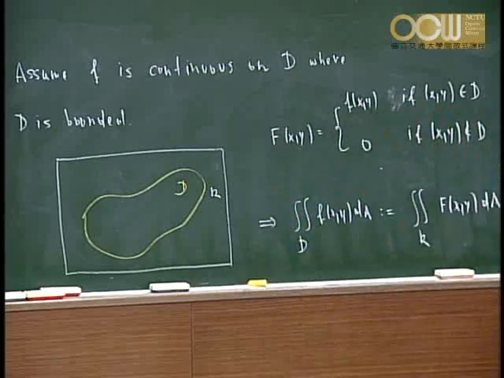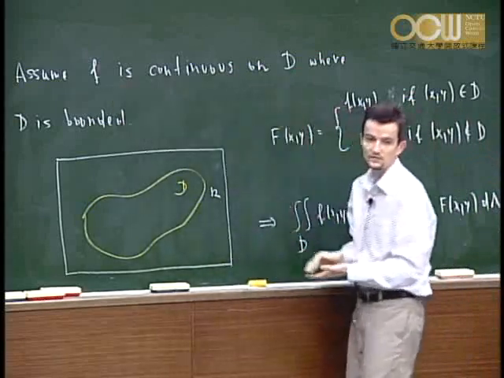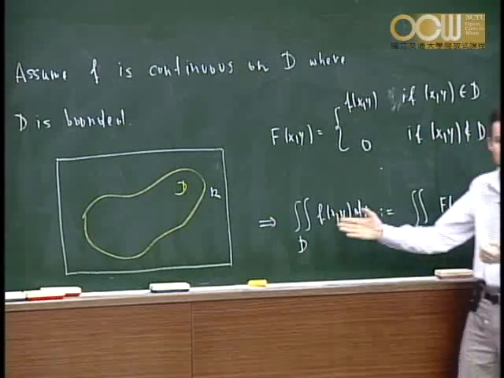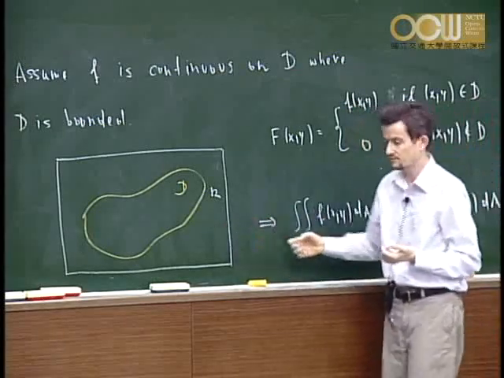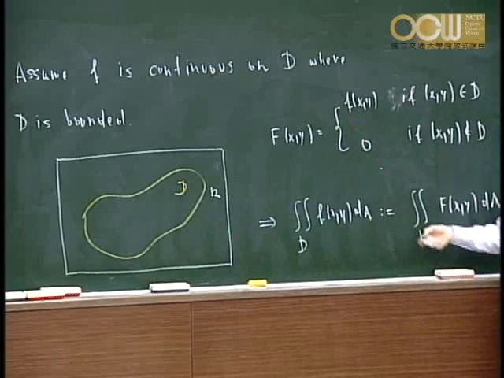The second thing, where you have to take a little bit more care, is that this function f is continuous on D, but for this, you will need that capital F is continuous on R. That's because if this is a continuous function, everything is fine and this symbol will exist.